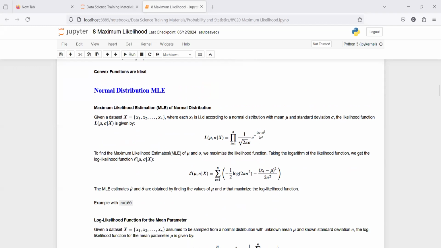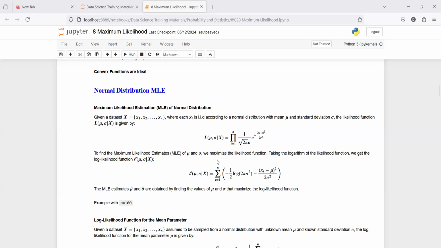To find the MLE of mu and sigma, we maximize the likelihood function. Taking the logarithm of the likelihood function, we get the log likelihood. This is a derivation of this. Recall that we had this multiplication. If we take the log, we can convert it into an additive property, which is this summation symbol here. We saw that in our earlier calculus section, which covered logs and some of the properties of logs.